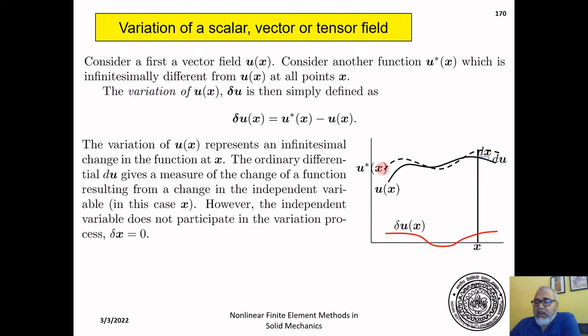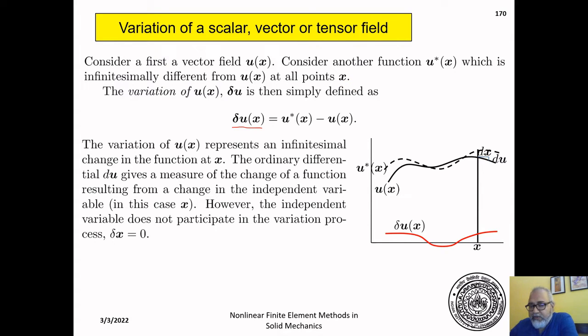And then you have a function u*(x), which is infinitesimally different. So at every point x, u*(x) is very close to u(x), but is not exactly u(x). So u*(x) minus u(x) is the variation in u, which itself is a function of x.